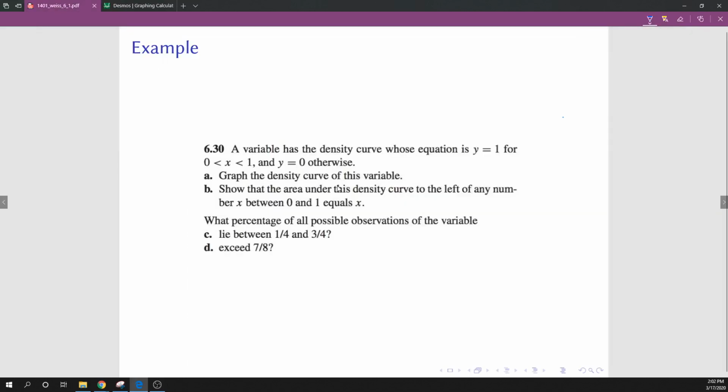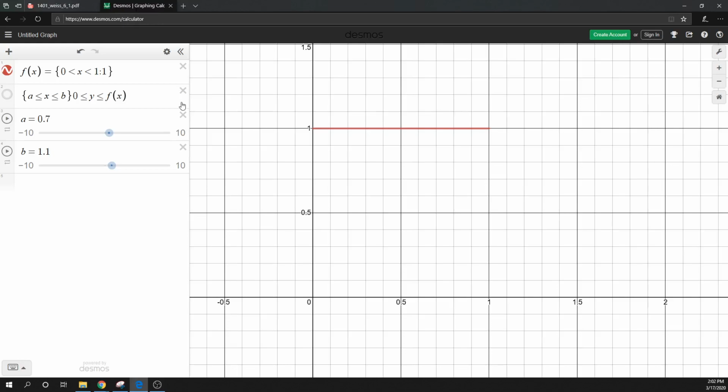Okay, so that's part A. Part B says show that the area under this density curve to the left of any number x between 0 and 1 equals x. Okay, we can do that, I guess. So here I'm going to turn on the shading.